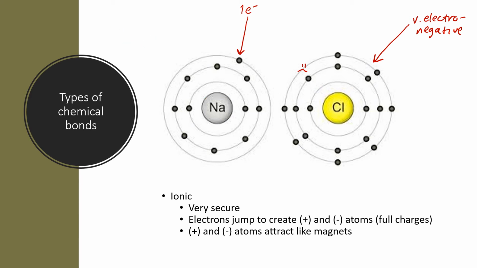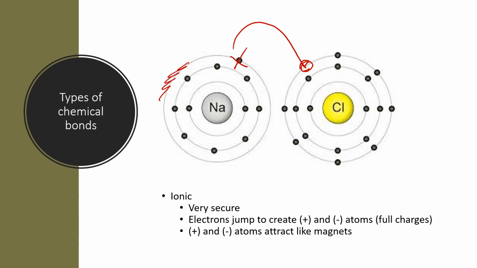They have the same number of protons and electrons in each of the atoms, but their valence shells are not full. Sodium ends up with 1 on its outermost valence shell. Chlorine is lacking 1. Chlorine is very electronegative. So what chlorine is going to do is it's going to straight up steal that electron.